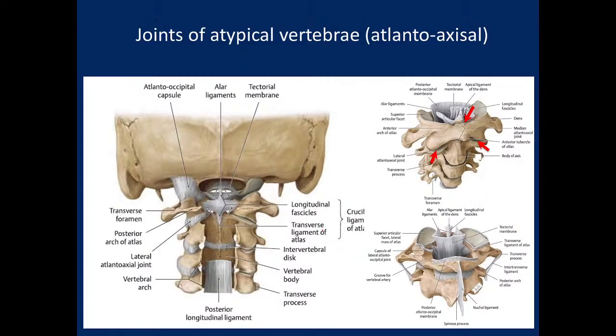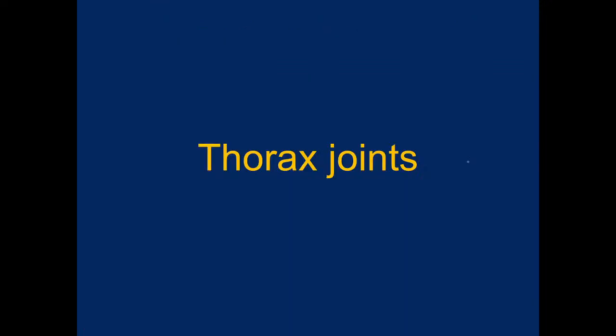The first and second vertebra, atlas and axis, combine special complex joints, the atlanto-axial joints. As I said, these are three joints: central or median and two lateral, and they are combined, they move together and produce rotation only.